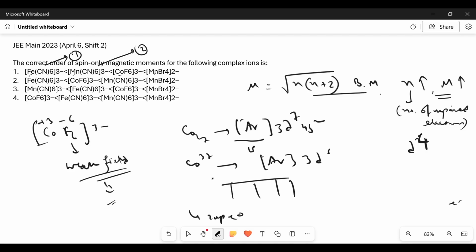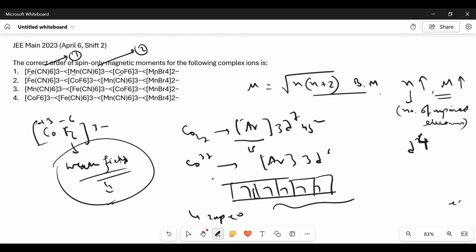So in case of VBT, 1 2 3 4 5 6, no need of pairing up because this is a weak field ligand. All the bonds will form in the outer d orbital, an outer 3d orbital complex. So no need of pairing. And in case of CFT also you can cross check, t2g, eg.